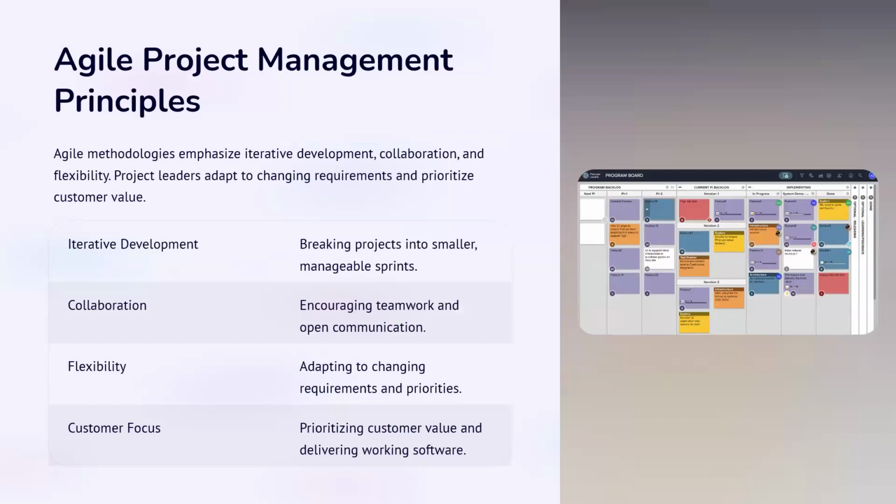Now coming to agile project management. I remember I have already taken a few sessions on agile project management. So anyhow, we will take a quick glance at what it is all about. These methodologies emphasize iterative development, collaboration, and flexibility.